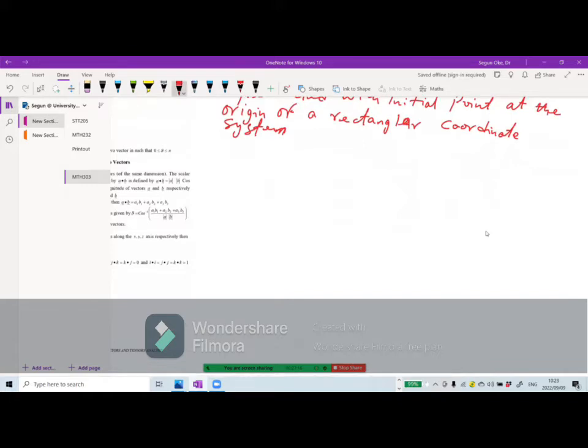So let's look at this figure. Call this one Z, Y, X. For the X, we have a kind of extension here.